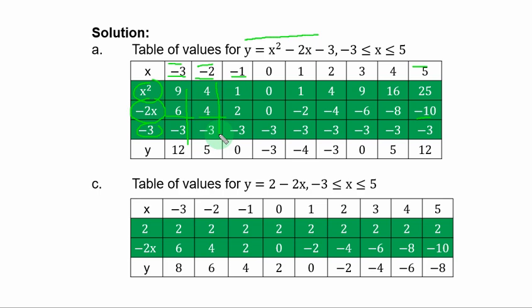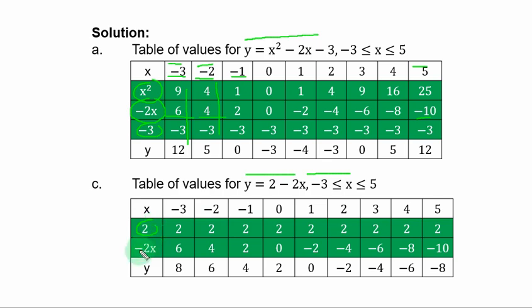Now, let us jump to C part of the question and also construct the table of values for the linear graph, y equals 2 minus 2s, using the same range of values of s. 2 is a constant. You write it under each value of s.